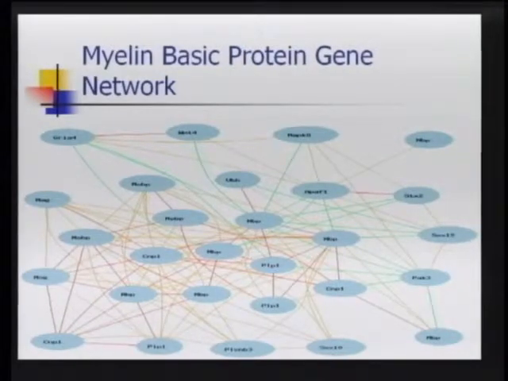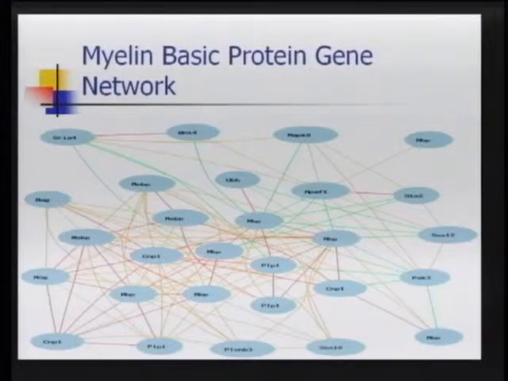So the other thing that you can do is you can map myelin basic protein, which you can see in these circles as MBP. You can actually relate that to all these other blue circles, and all these other blue circles are different genes. I'm just putting it up for illustration to show you that there are transcripts or genes that are co-regulated with myelin basic protein, and so you get a network that may be biologically relevant.